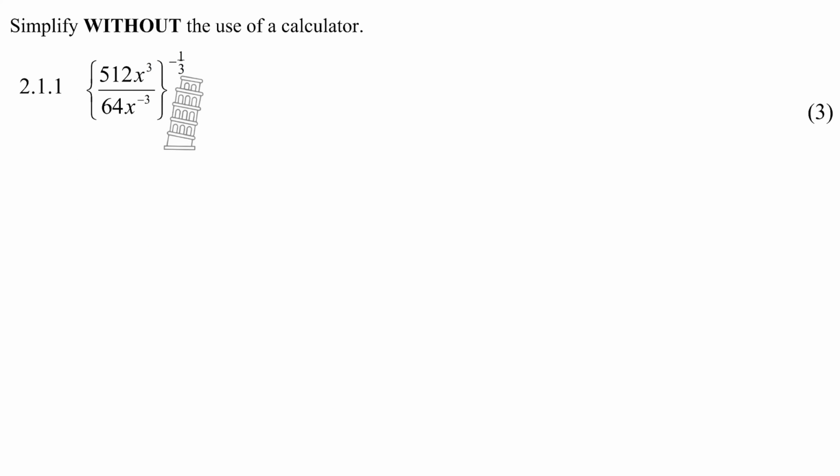Here they want us to simplify without using a calculator. All you're going to do is take the number 512, type it on your calculator, press equals, then press the shift button, and then press the button that has fact. It'll break 512 down into its prime factors.